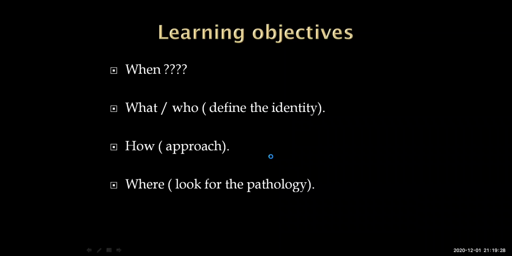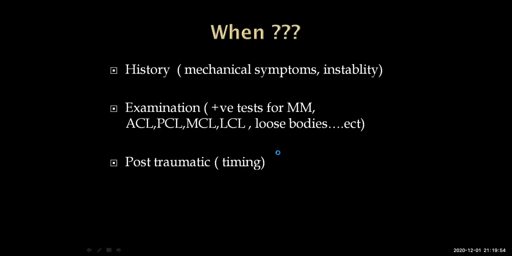That is to say, if I have a history and a good clinical examination, and then I have the MRI in front of my eyes, where I could pick the pathology. Hopefully by the end of this talk, I'm going to give most of these objectives.